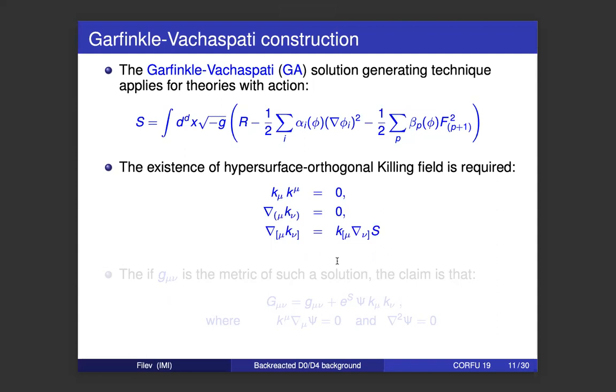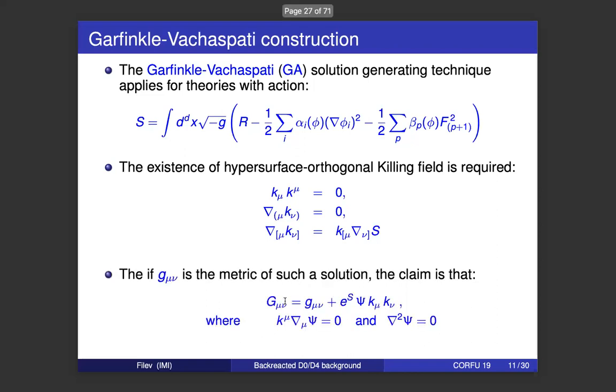So what this means, it's a Killing field, which is that. It should be null, which is that. And the hypersurface orthogonal requirement is this here. And S here is any function. So if you have a Killing vector that satisfies this for some function S, then you can write a deformation of the original background like that.